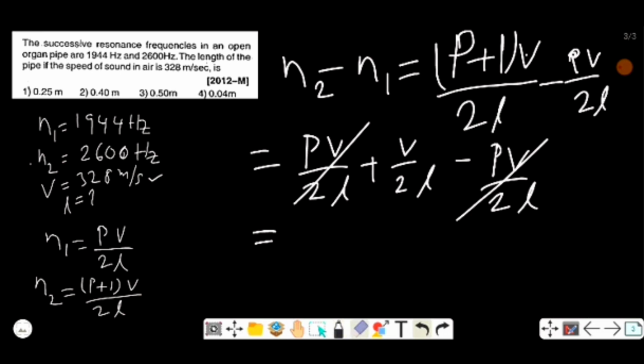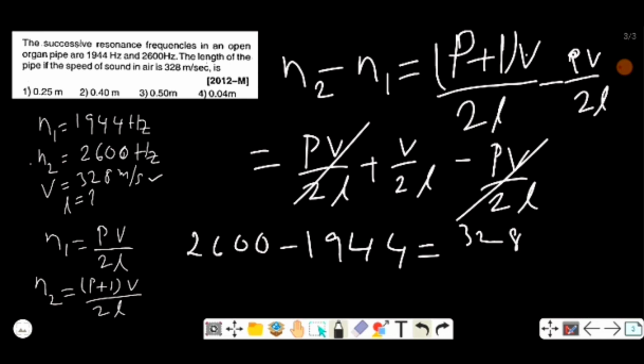We know the N2 value, 2600, minus N1 value 1944, is equal to V value 328 divided by 2 into L.